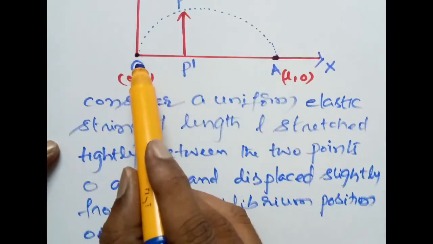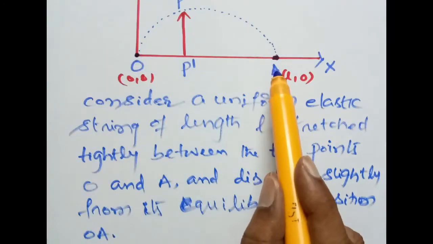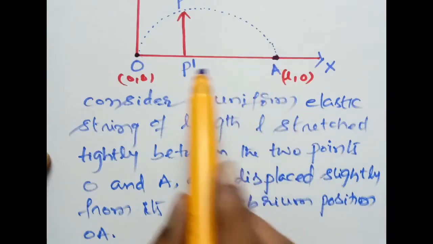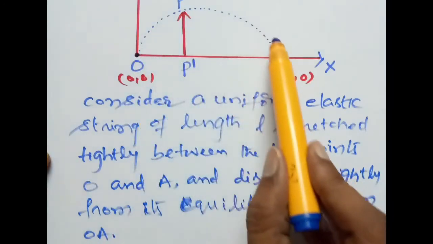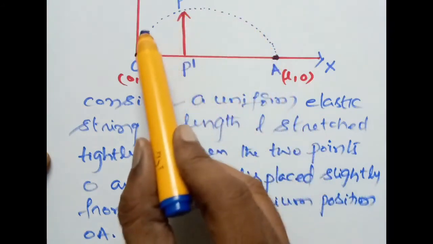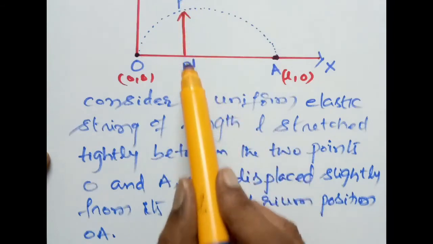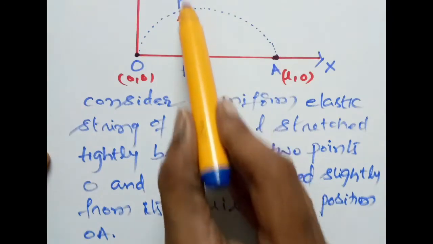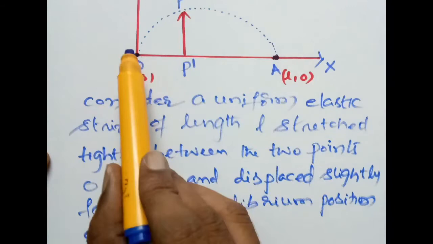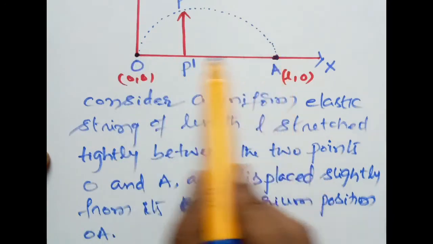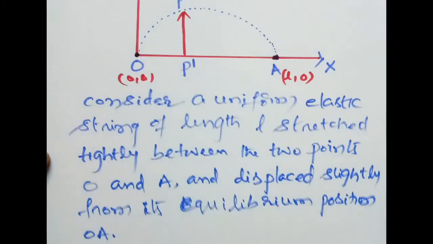One of the endpoints is O and the other endpoint is A, and then displaced transversely through a small distance p dash from its equilibrium position OA.